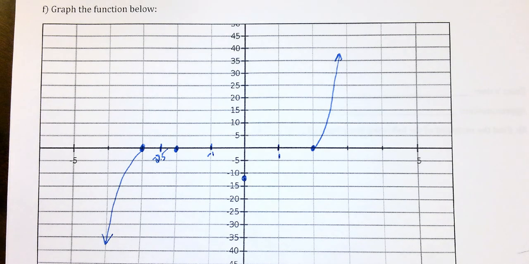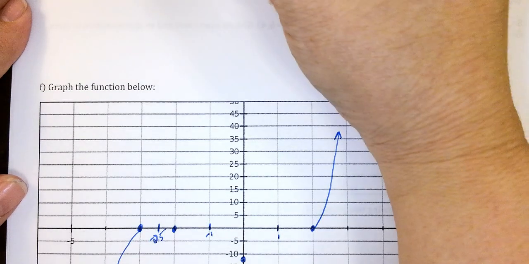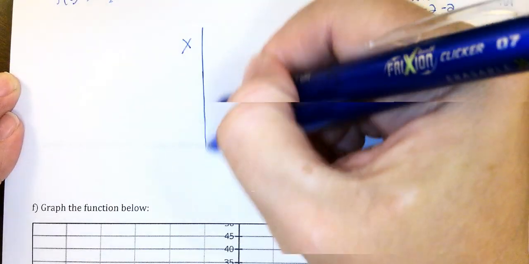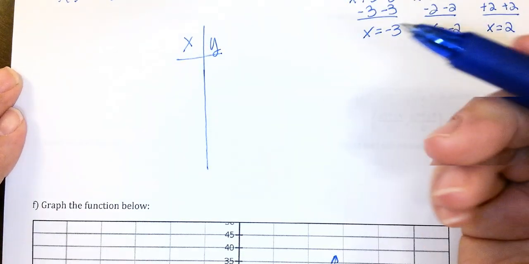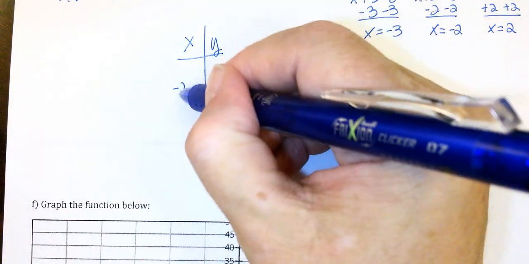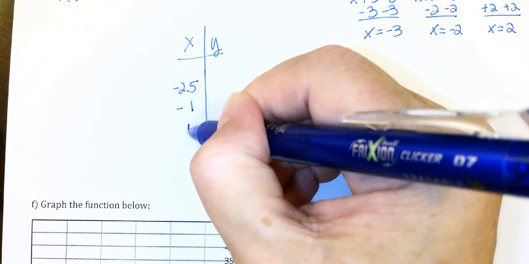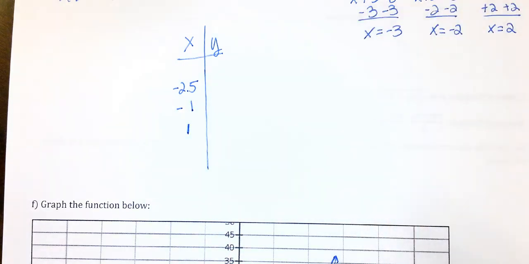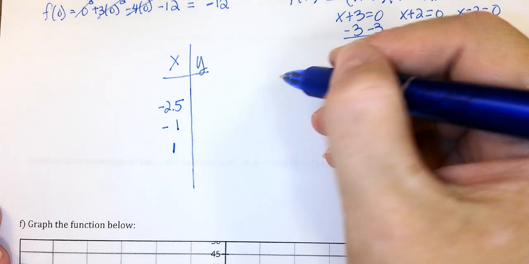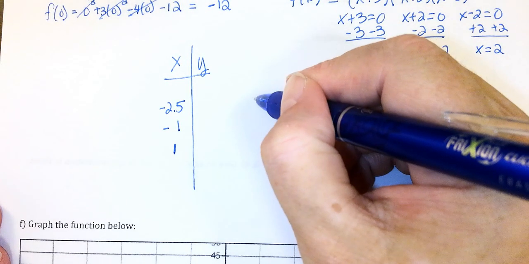We can't plot every single point, but we get a general idea of the shape. So what I want to do is just create an XY chart, and let's put those points on there. So we've got negative 2.5, negative 1, and 1. Now you could keep going and fill this out a lot more, but I'm not going to. We just want a general idea of what happens here.